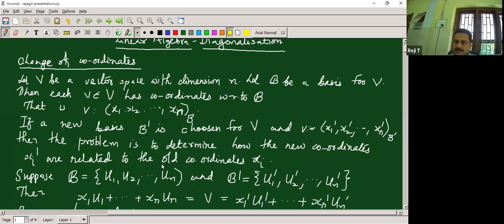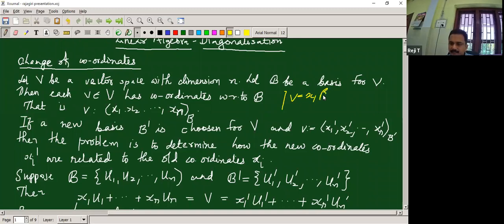That is, if you take v belonging to V, we can represent v as a linear combination using elements of B. Suppose the elements of B are beta 1, beta 2, etc., beta n.